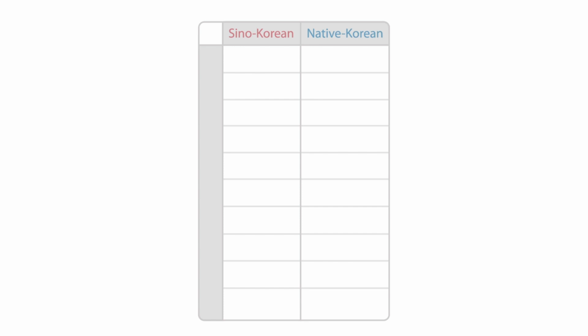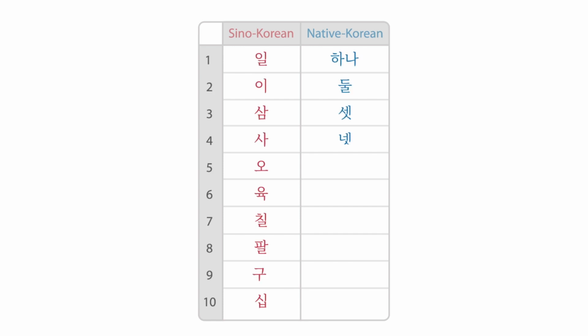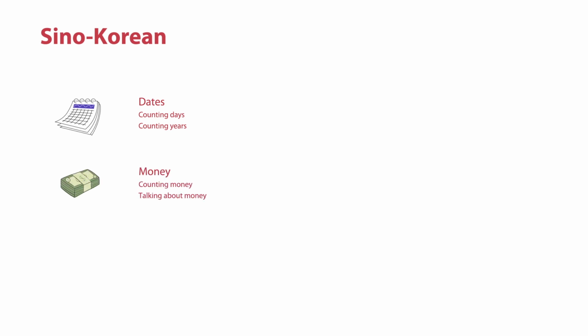Numbers. Korean language uses two regularly used numerals, Sino-Korean, that is based on Chinese numerals, and the native Korean numbers. We will briefly talk about both systems and how they are used. The Sino-Korean is used when you talk about dates, when you're counting days, counting years, counting money or talking about money, and also phone numbers.